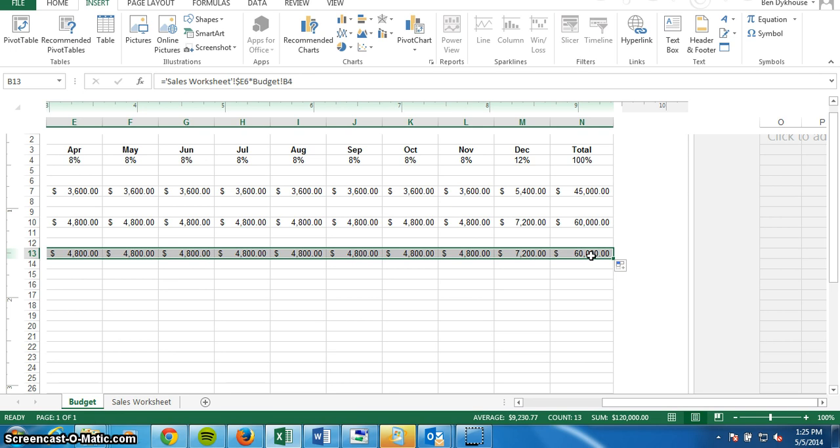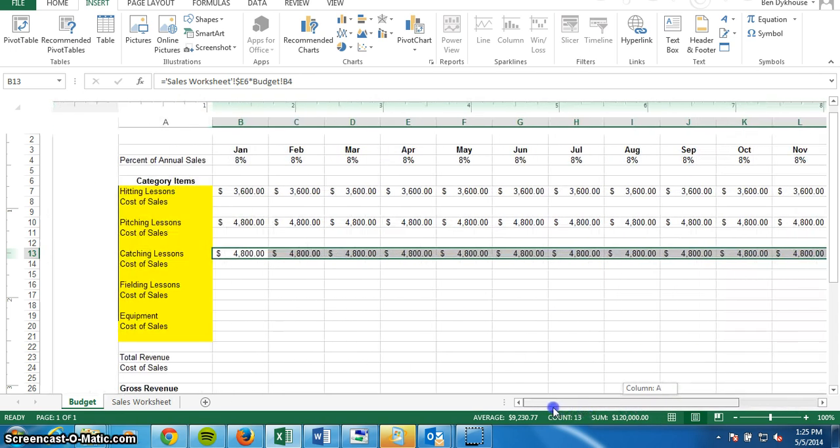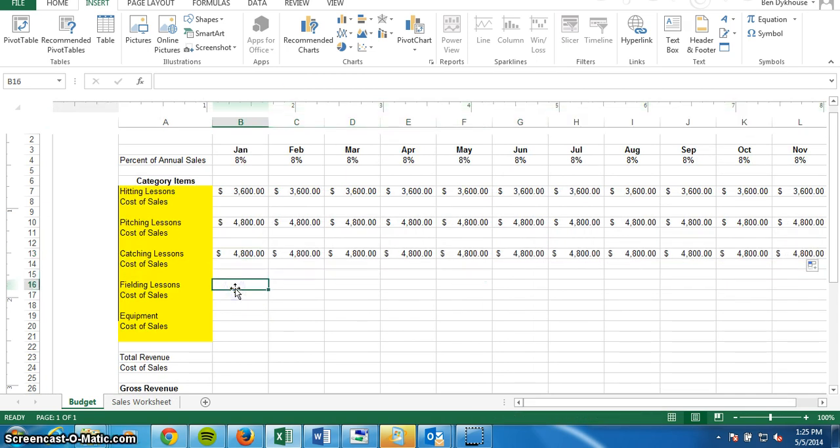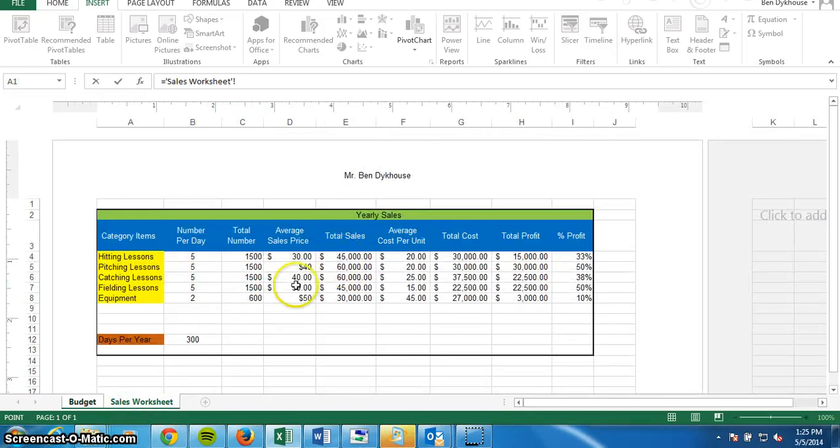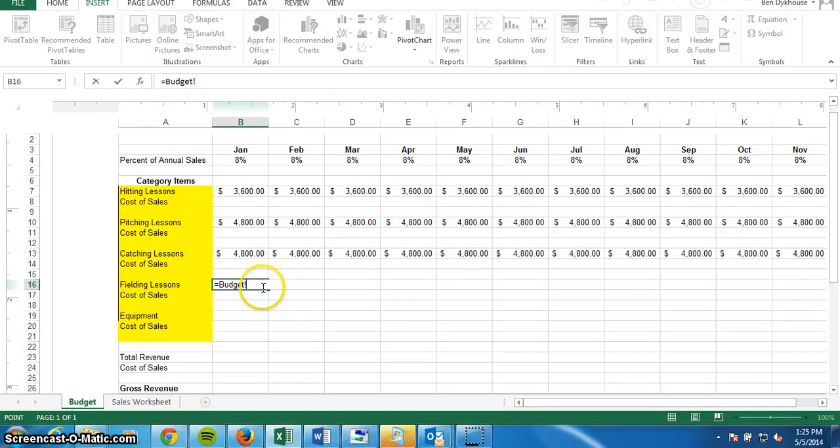So I'm not going to record all of it, but I'm going to adjust my formula. I'll show you this next one just so you make sure you get the hang of it. I'm going to use that same formula except instead of E6, fielding lessons is in E7. Oops, that's already wrong.